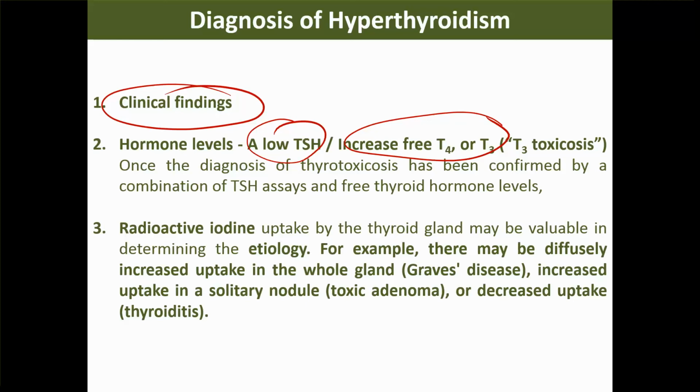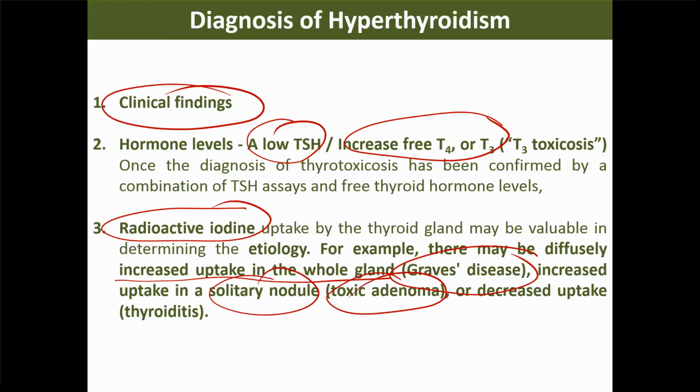And remember the radioactive iodine which I explained: if it is Graves' disease, the iodine uptake will be increased in the whole gland. If a solitary nodule is taking it up, then we talk about toxic adenoma. In the lab sessions, I discussed that toxicity in thyroid diseases means hyperfunctioning. Decreased uptake of iodine can be seen in thyroiditis.